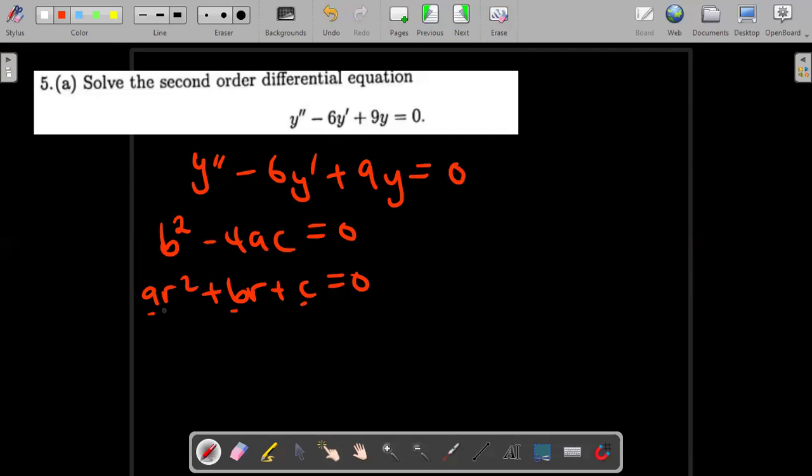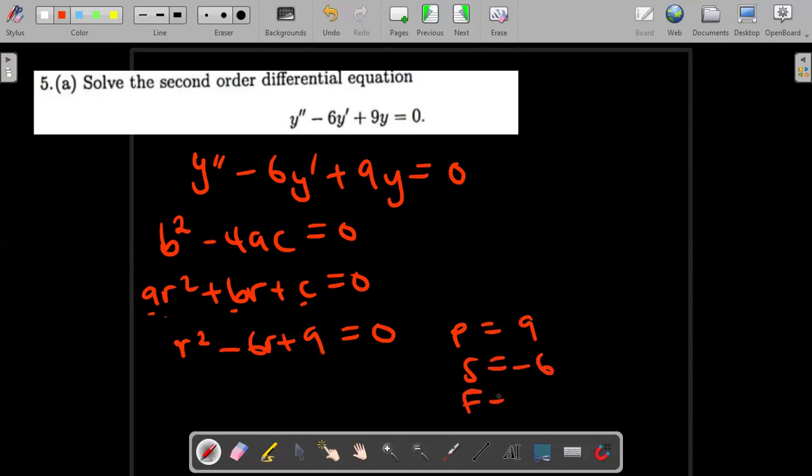So now you need to get those. So how do I get that? I will say my a is 1, so I'll just remain with r squared like that. Then my b is -6. Then my c is 9. Then from here you have to factor this. So factoring, your product is 9 and your sum is -6.